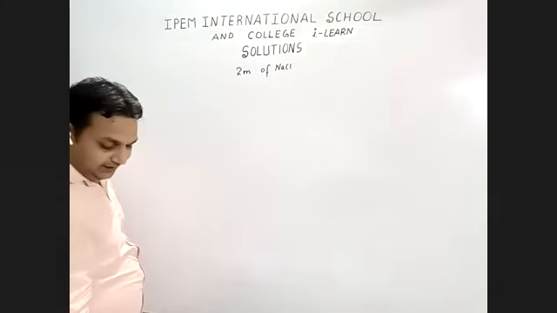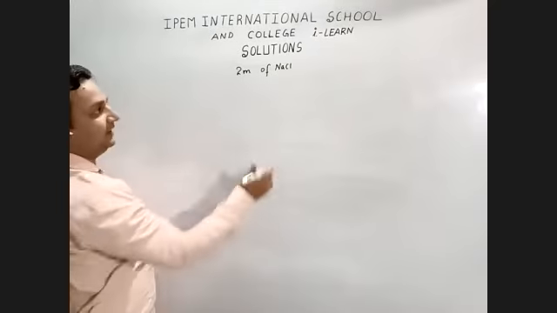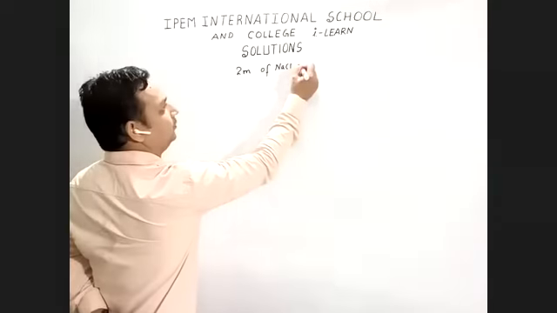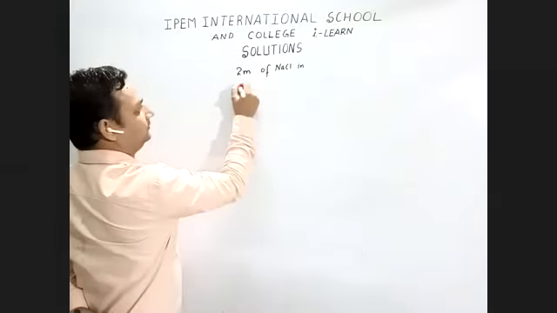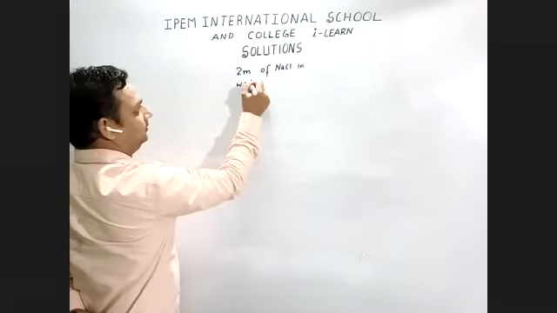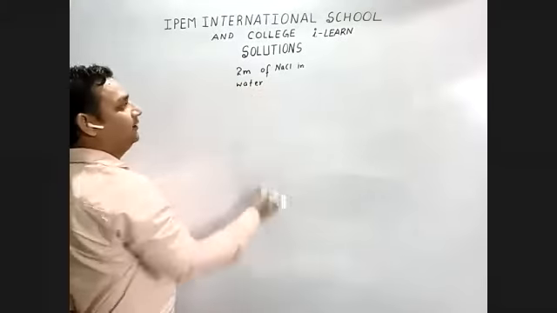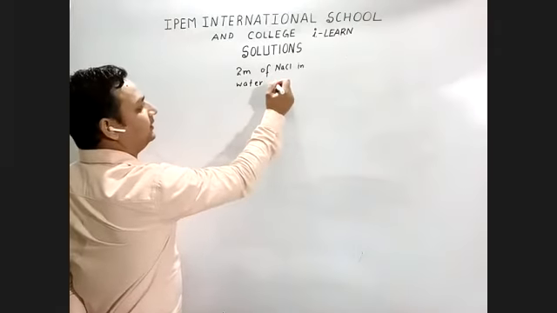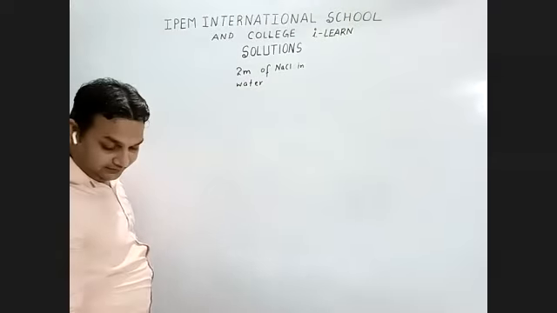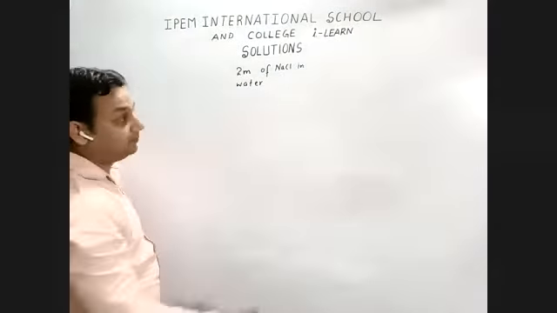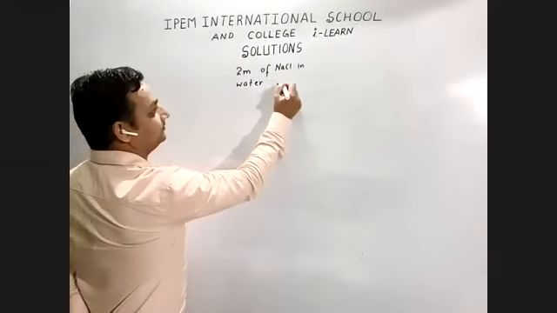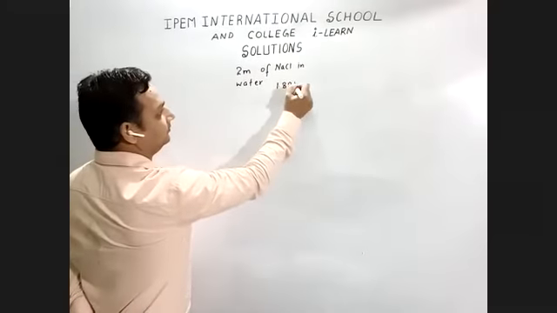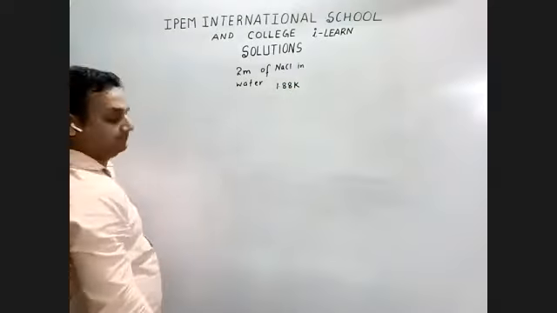A 2 molar solution of sodium chloride in water causes an elevation of boiling point, they have given the elevation of boiling point as 1.88 Kelvin.